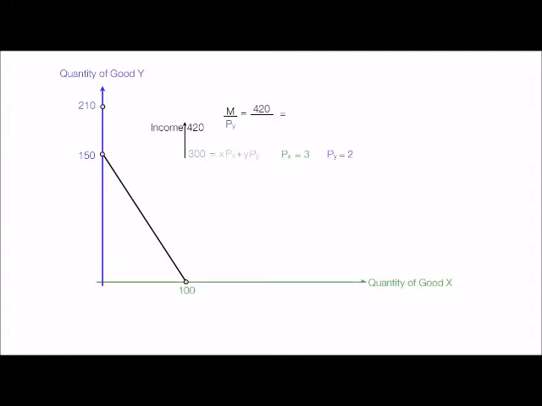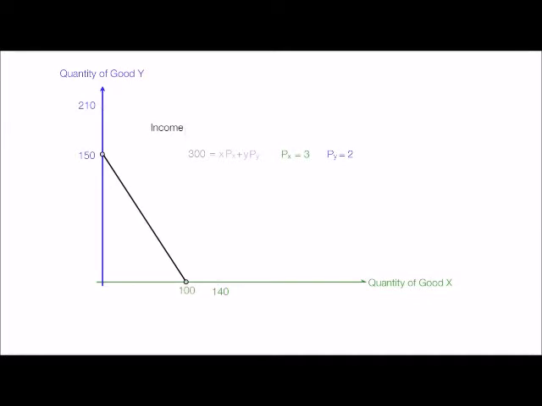If I want to know how much the consumer will consume of X, I take income divided by the price of X, which is 3. And this is equal to 420 divided by 3 is 140. When income goes up, the budget line shifts out like that. And it's also parallel to the previous budget line. The slopes are the same.